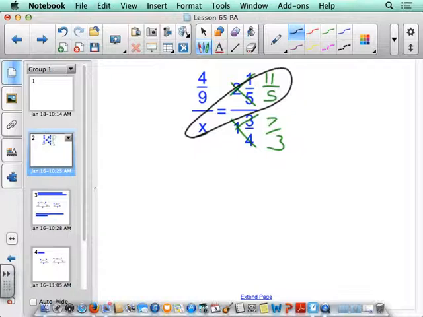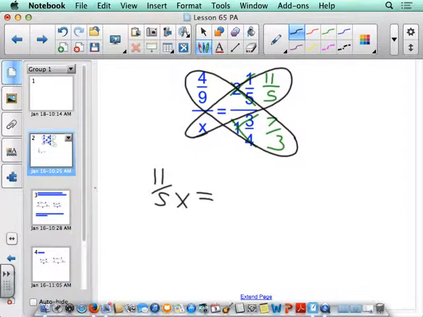But we have an equal sign, and so you have 11/5 x, and that's going to equal the product of the other two. 7 times 4 is 28, and 9 times 3 is 27.